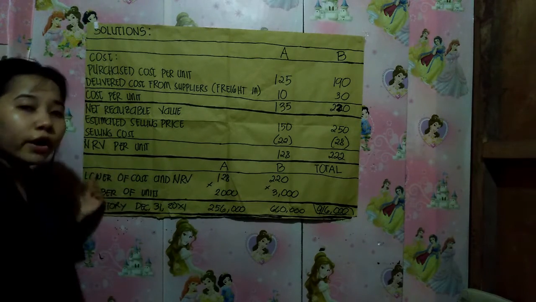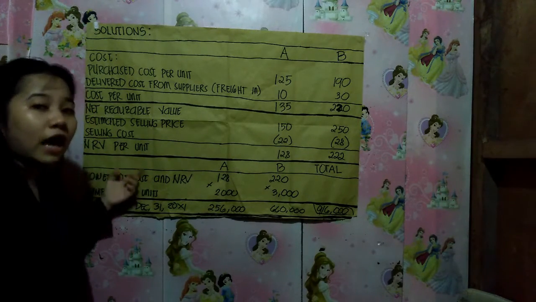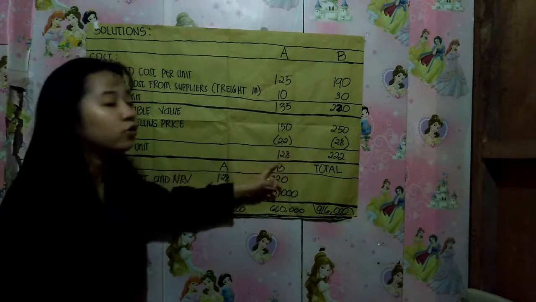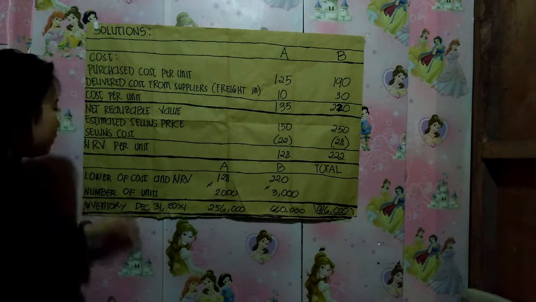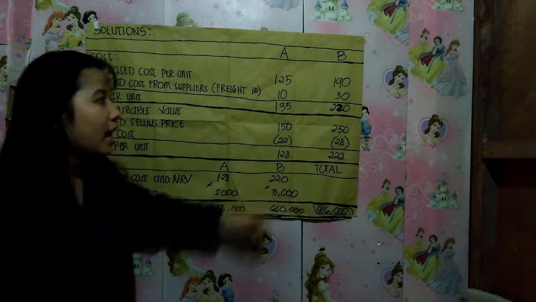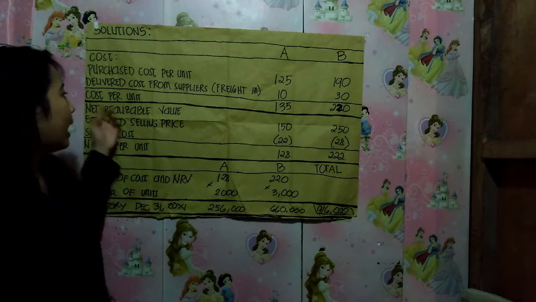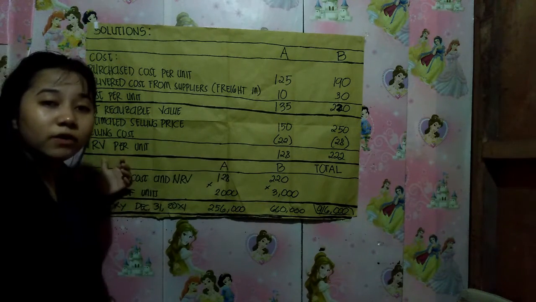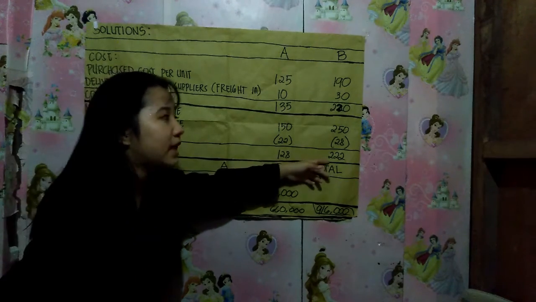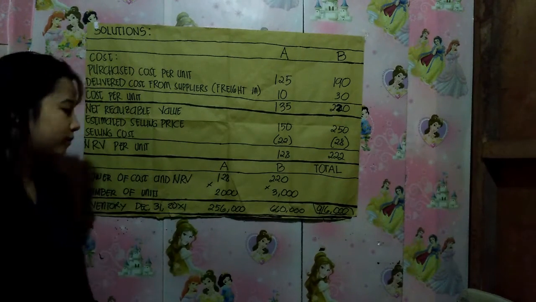Reminder, look for the lower. So we get 128. And for B it is 220. Okay? The NRV per unit for B is greater than the cost per unit.